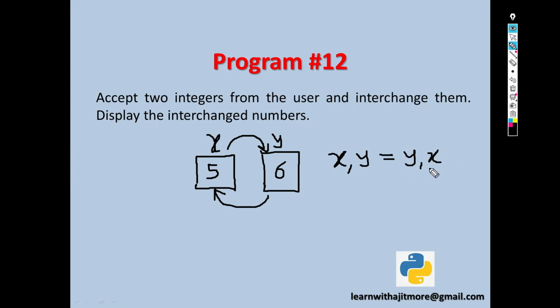So it will create a tuple of the y and x values, and then later that tuple gets unpacked into x and y. So indirectly y gets copied in x and x gets copied in y. That simple the problem is, isn't it, guys?